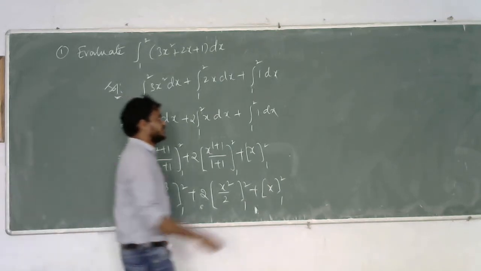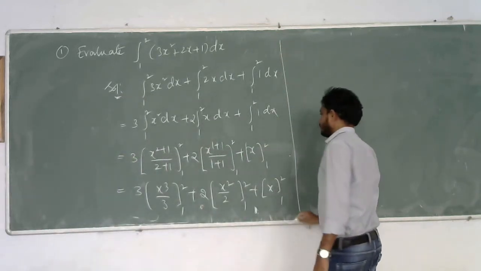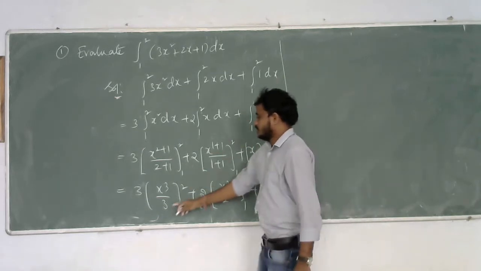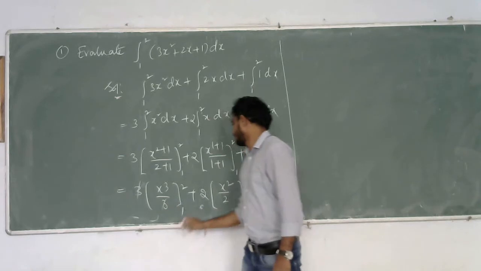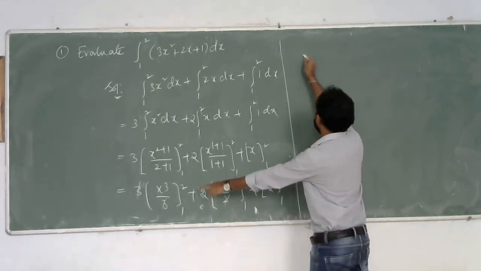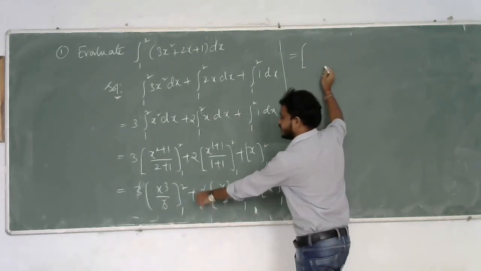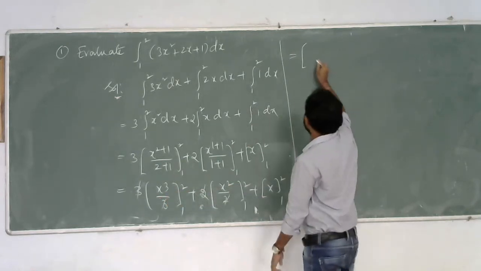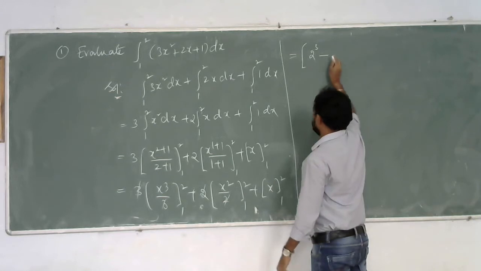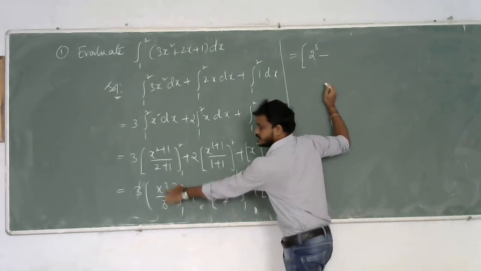Now apply the limits here. Write this 3 outside or directly cancel this 3 here and 2 here. First apply the upper limit. So what is the upper limit here? 2 in place of x. So you will get 2 cube here, minus the lower limit. What is the lower limit? 1. That means 1 cube here.